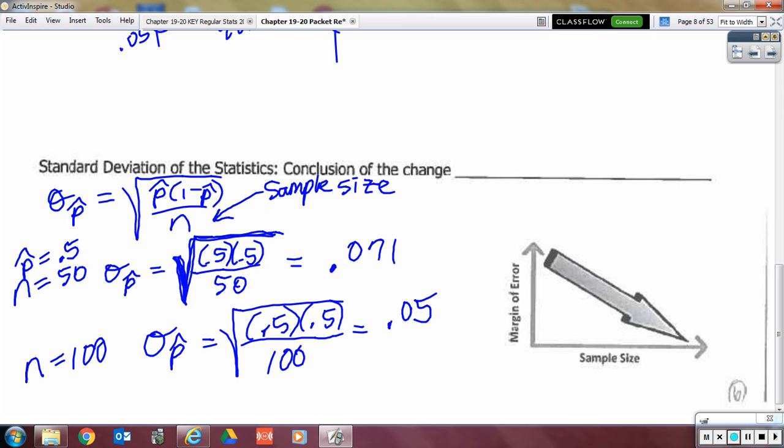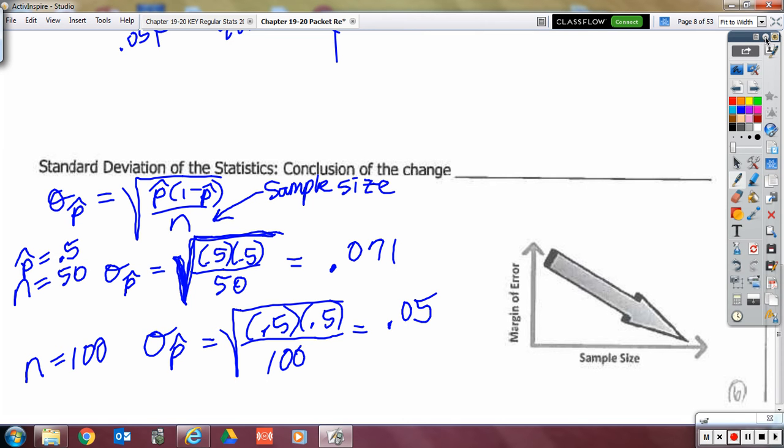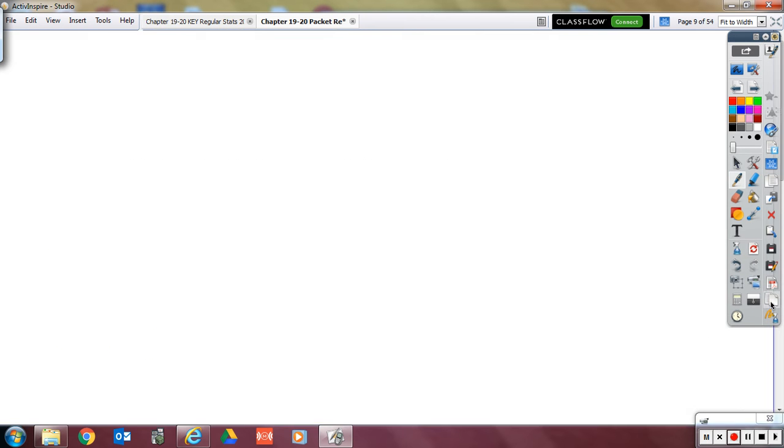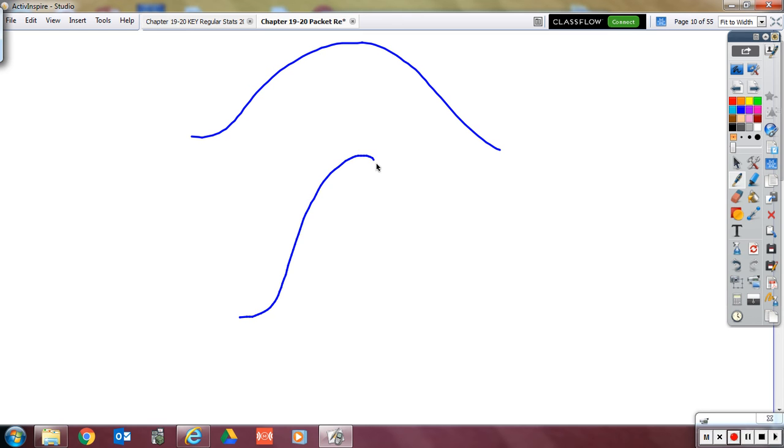And you know what though? We've experienced that before. Let me explain. Do you recall whenever we had this and then we had this? We have our normal model, and what happens whenever our sample size went up? This would be like sample sizes of 5, sample sizes of 50. What is going on? It's getting closer to the center. Good.